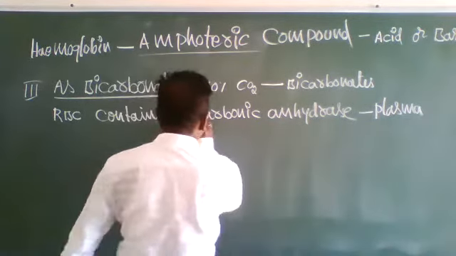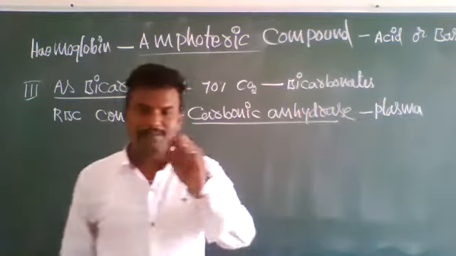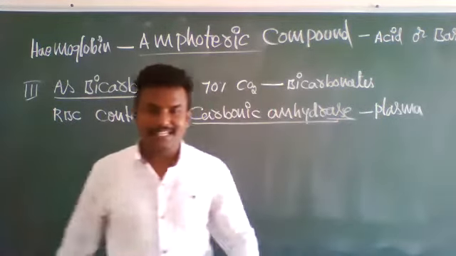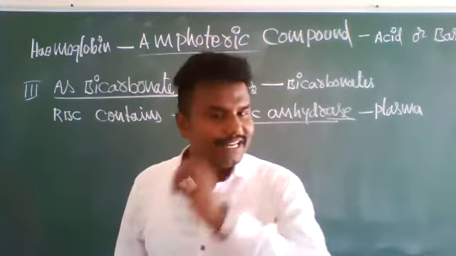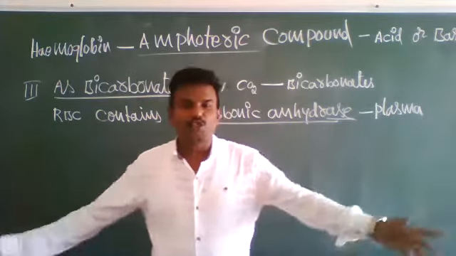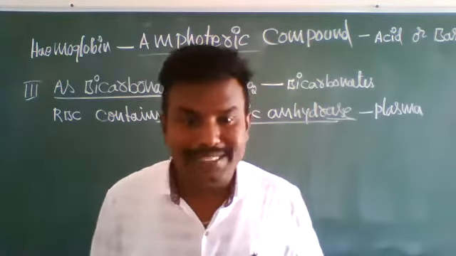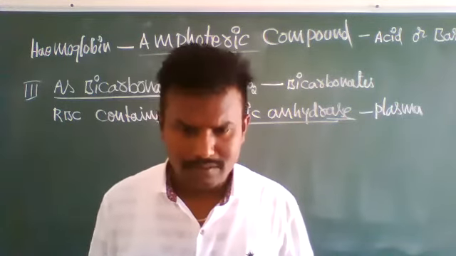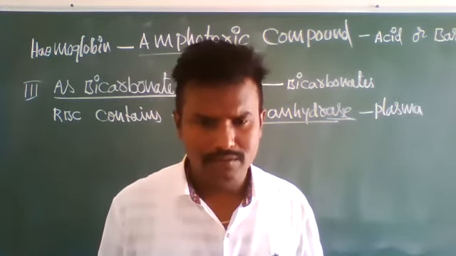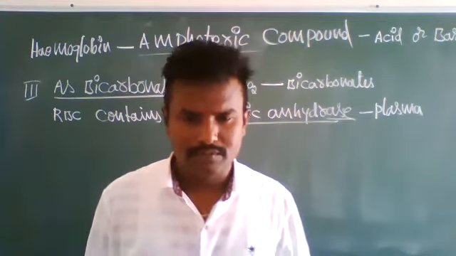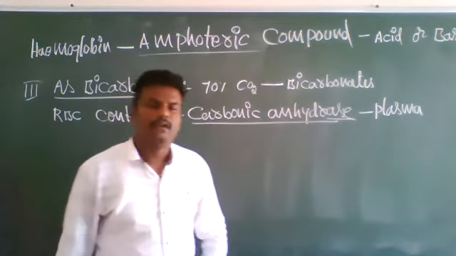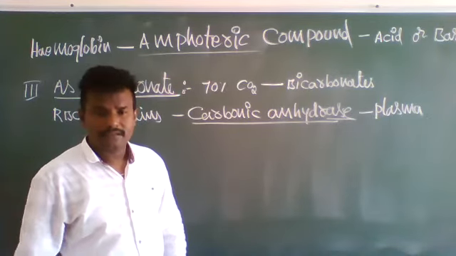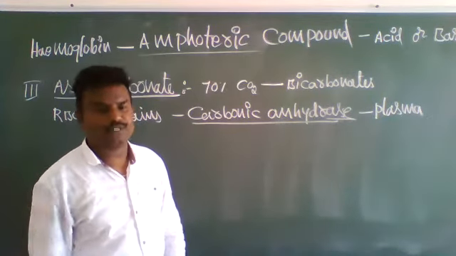Remember, wherever a word ends with ASE, that is an enzyme. When a word ends with OSE, that is a sugar: glucose, sucrose, maltose, lactose, galactose, like that.